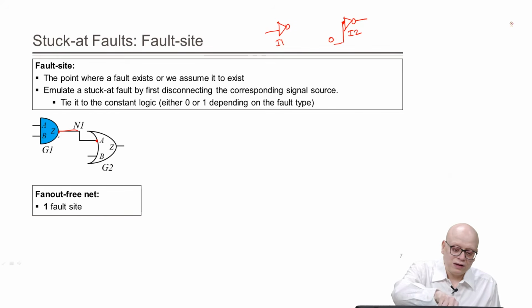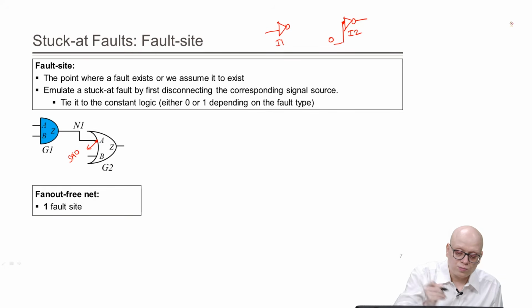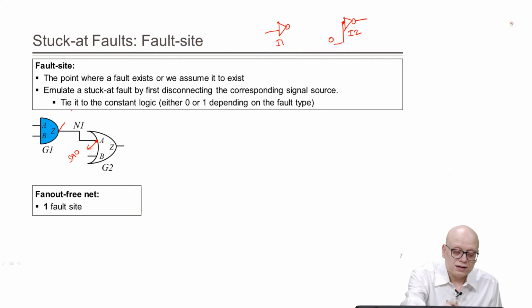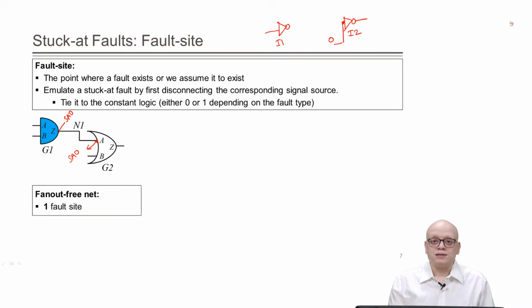If the input is stuck at 0, or the Z output pin is stuck at 0, both are considered the same. Therefore, the number of fault sites for a fan-out free net will be 1.